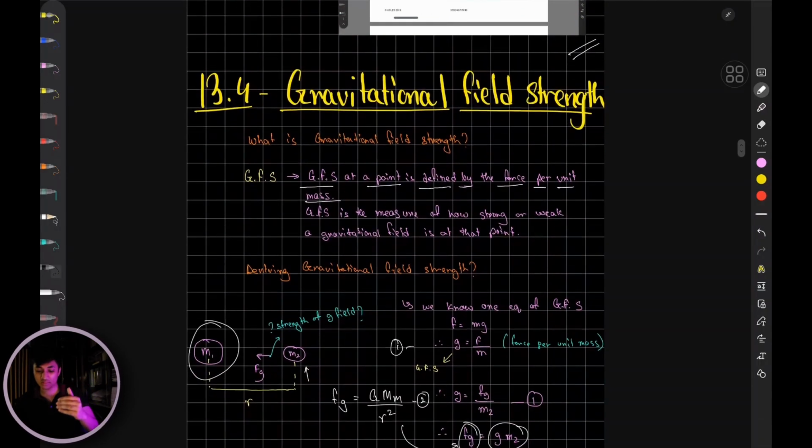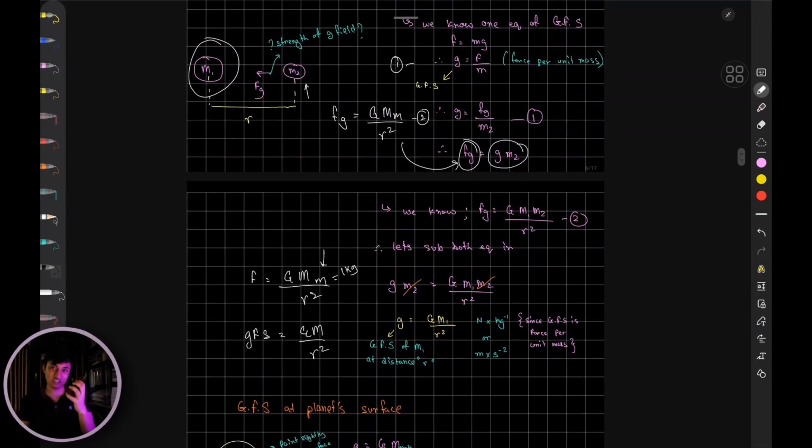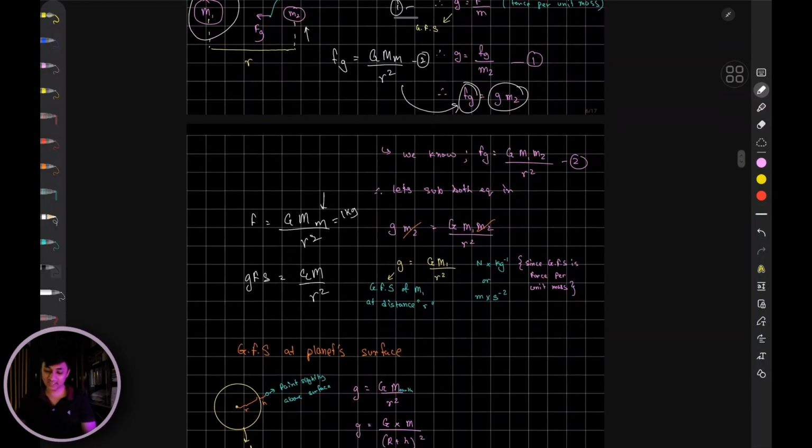Because remember, what the formula tells you is gravitational field strength is the force per unit mass. It is still the force, but with respect to 1 kg of mass, right? So, due to the gravitational field of Earth, what is the force going to be exerted on 1 kg of mass? It is going to be given by this formula, GM by r squared.